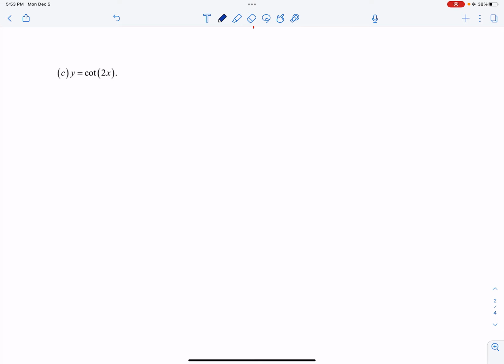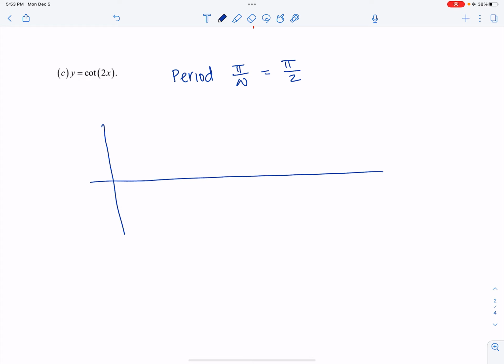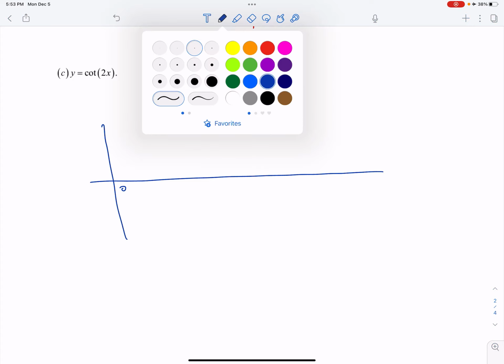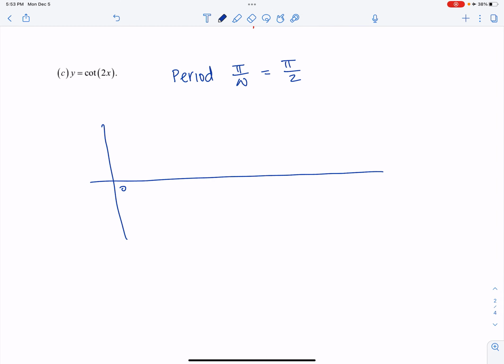Okay, now we're going to graph cotangent of 2x. Here we have a period represented by pi over omega, which tells me pi over 2, because we have a 2 right there as our omega. So a period of pi over 2, if I see what my cotangent looks like, I'm just going to start it at 0 and go to pi over 2, since that's our period.